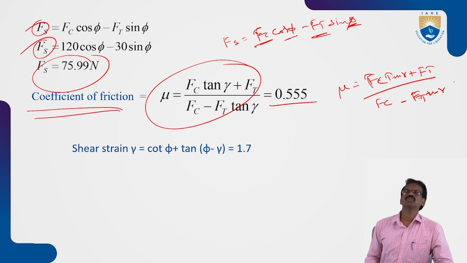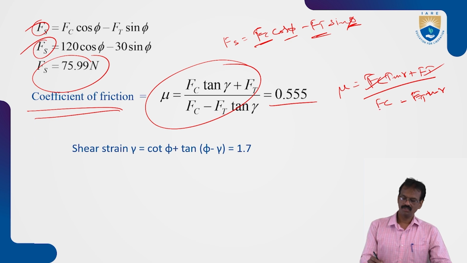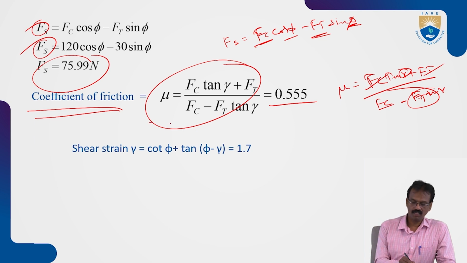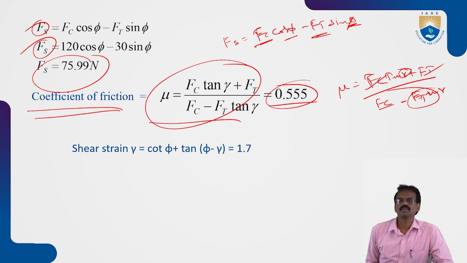Okay. You know all the values: Fc is given, Ft value is also given, and the rake angle gamma has also been given. If you substitute all the values here, then you can find out the mu value. This is 0.555. So that one is the coefficient of friction.